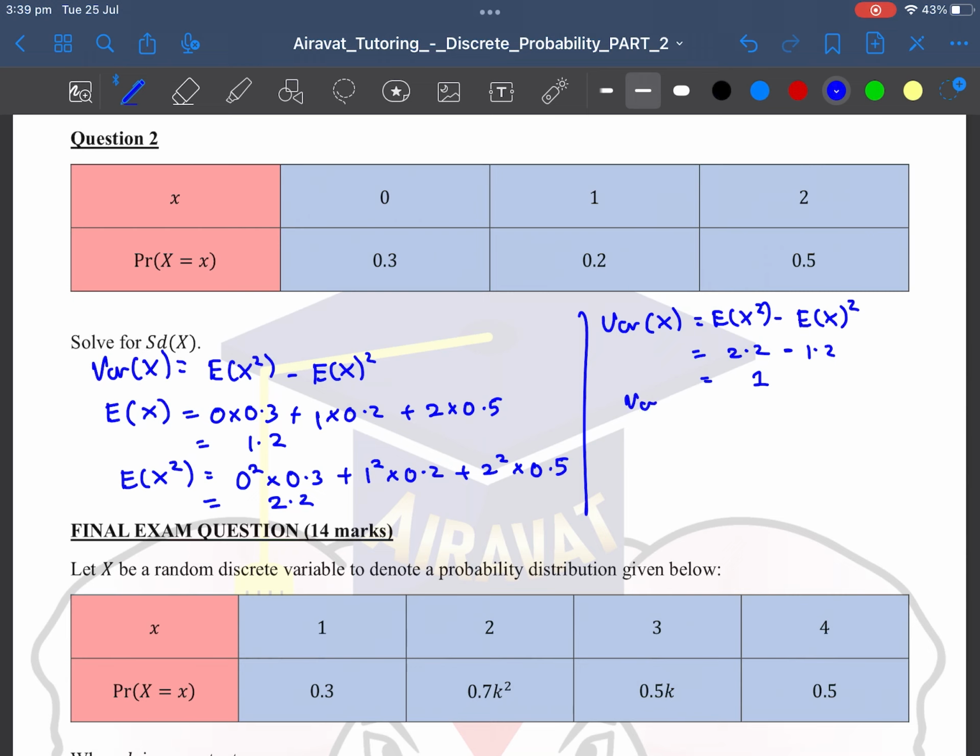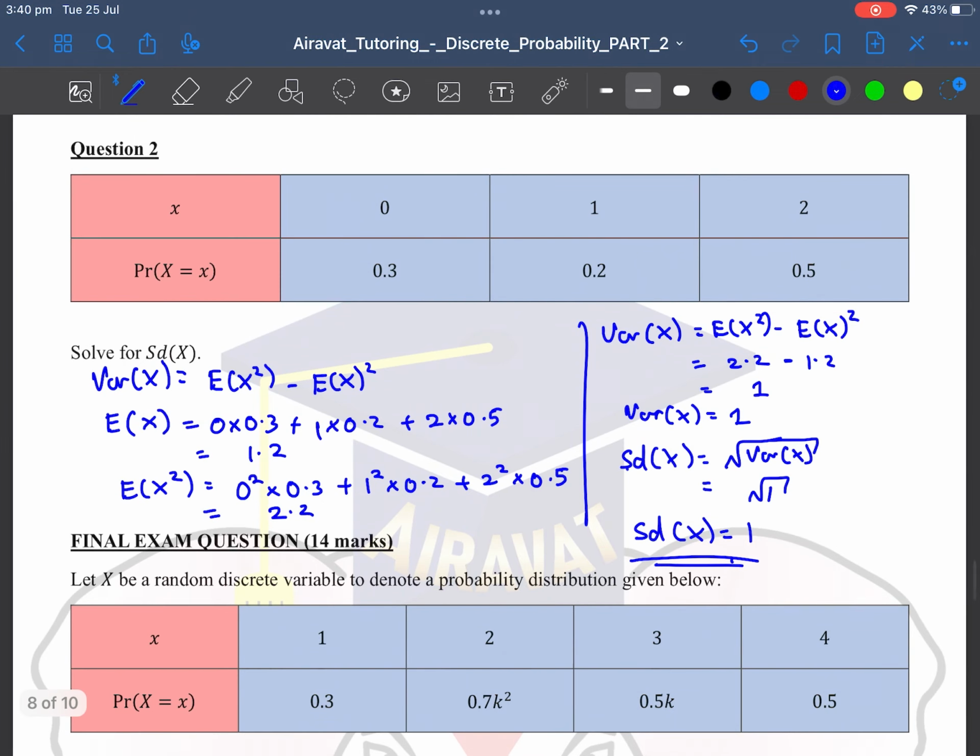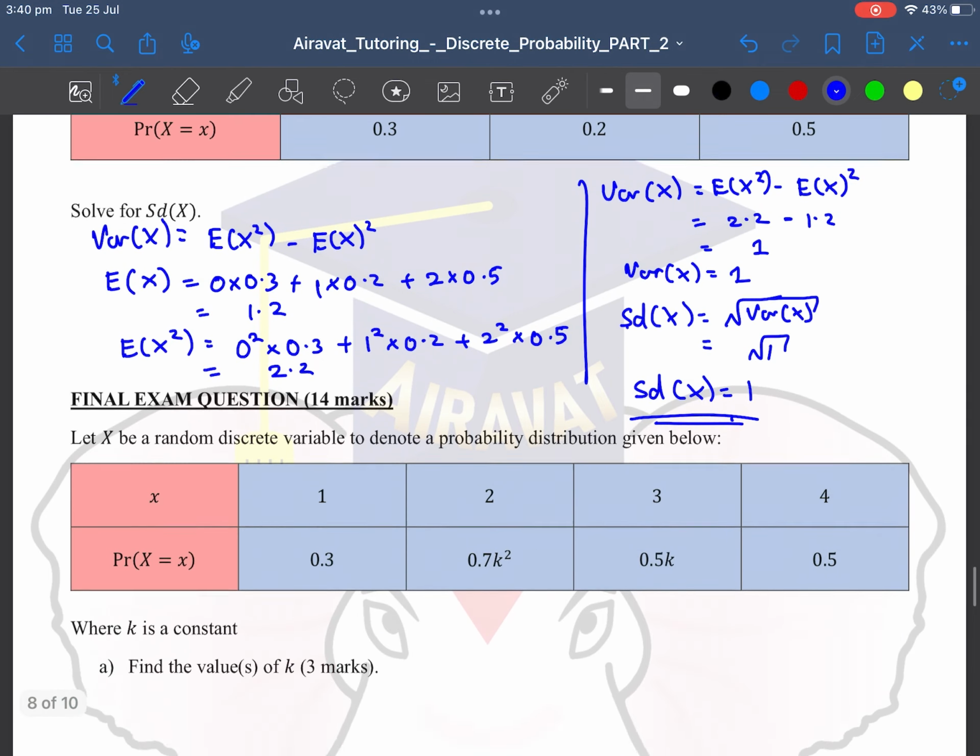So the variance is just going to be 1, and standard deviation we know is the square root of variance, which is equal to the square root of 1, which is going to be 1. So the standard deviation is just going to be 1. There you go. This is how you find standard deviation using a probability mass function.